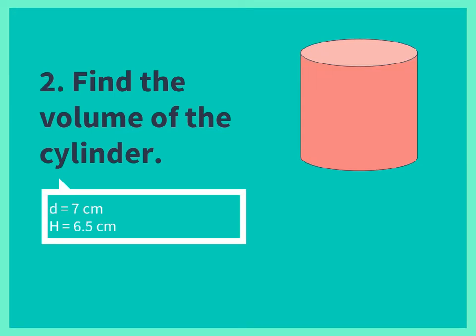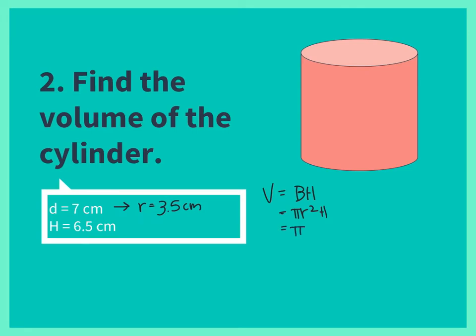On this next example, it says, again, find the volume of the cylinder. This time I'm given the diameter. Diameter is 7, and the height is 6.5. Instead of the diameter, I do need the radius, so I'm going to take my diameter and divide it by 2. So my radius is actually 3.5 centimeters. Now we're going to find the volume, and the volume is the area of the base times the height of the object. We remember that our base shape is a circle, so it's pi r squared times the height of the object.